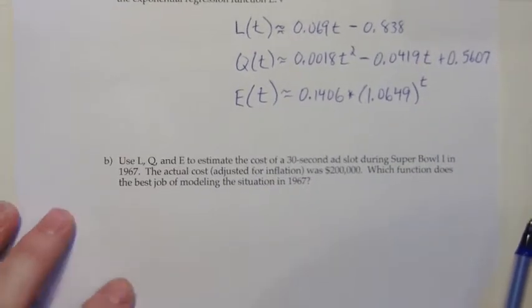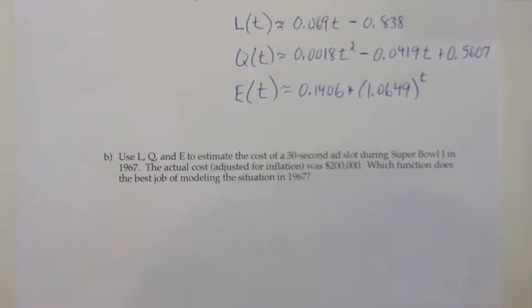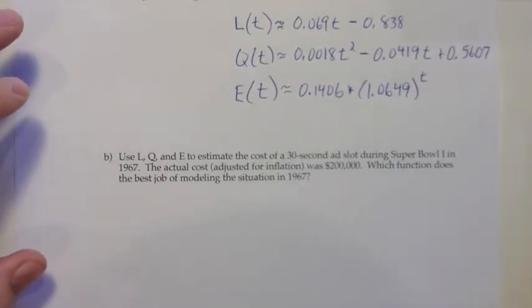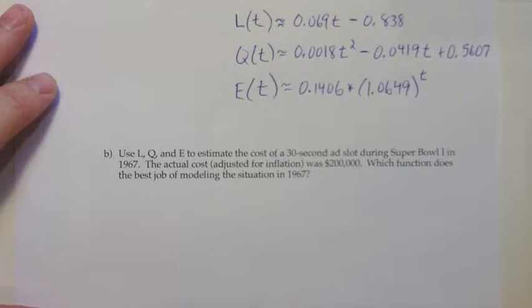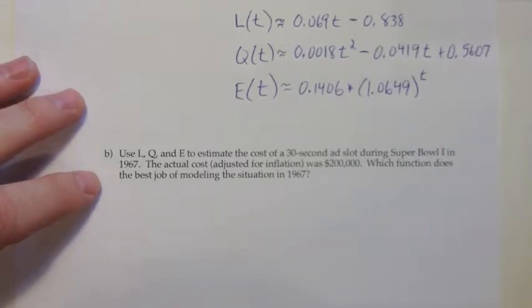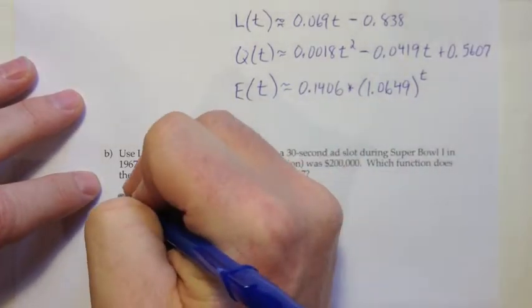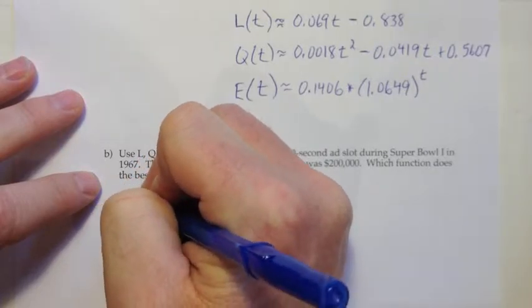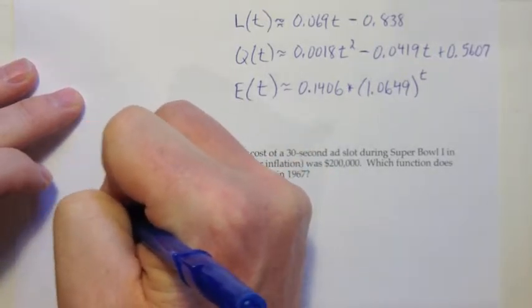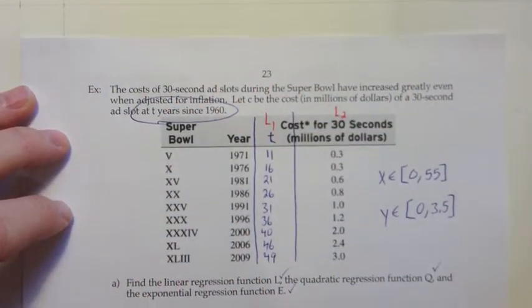But let's go ahead and look at their process for trying to decide which one's the best. Use these three functions, L, Q, and E, to estimate the cost of a 30-second ad during Super Bowl I in 1967. The actual cost was $200,000. Which one did the best job? To get t, I want to subtract out the starting year, since we're using t years since 1960.